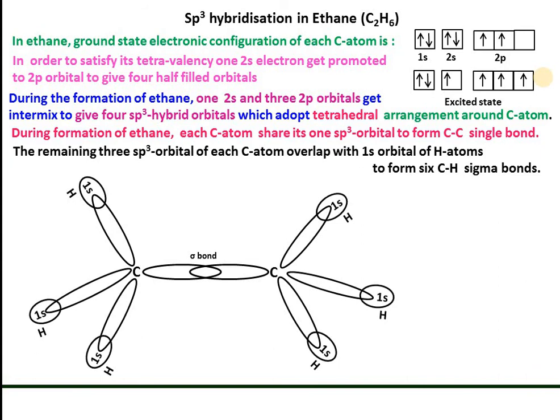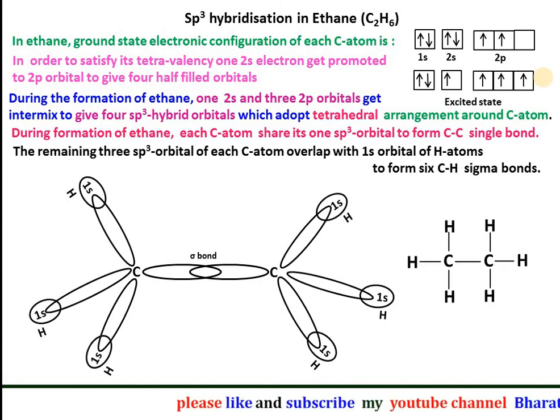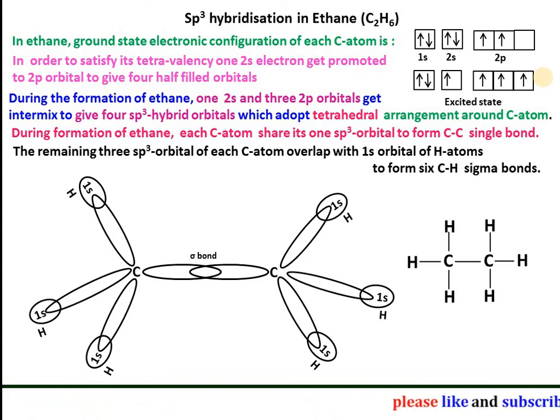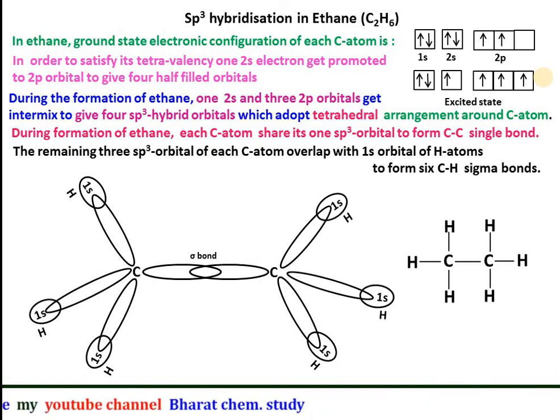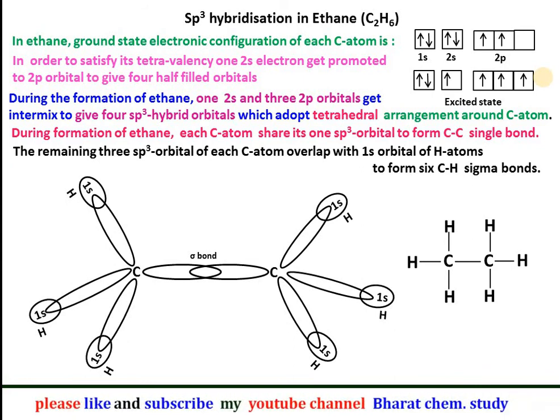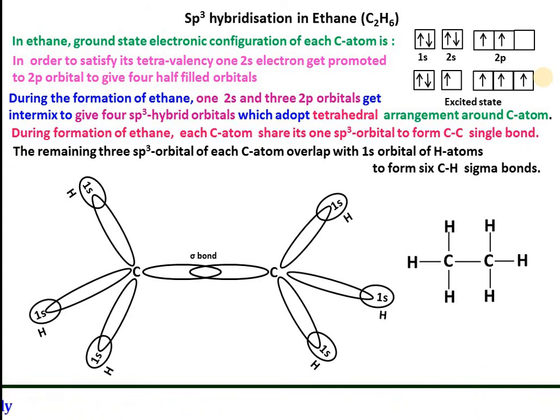So all these bonds are sigma bonds, and because it does not contain any unhybridized orbitals, there is no tendency to form a pi bond. So that's why in ethane all the bonds are sigma bonds or single bonds. So this is the final structure of ethane on the basis of sp3 hybridization.